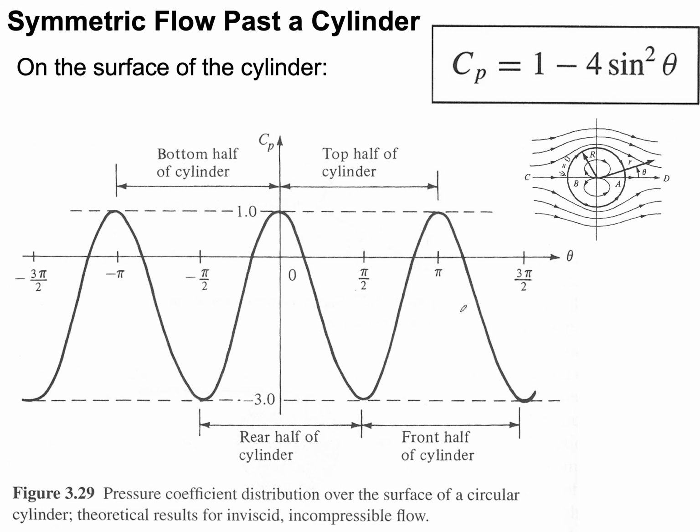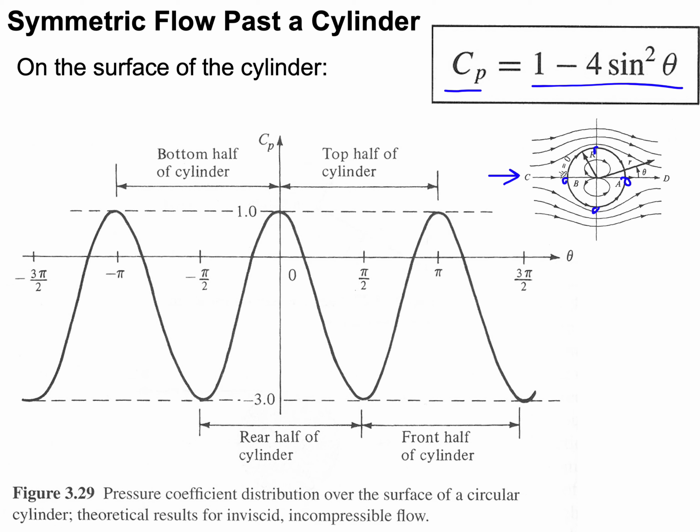And remember, when we did a doublet and a uniform flow, we got the pressure coefficient to have a relationship with the angular position on the surface of the cylinder. So theta equals 0, the U infinity comes in this manner. This is theta equals 0, theta equals pi over 2, theta equals pi, and theta equals 270 degrees over here.